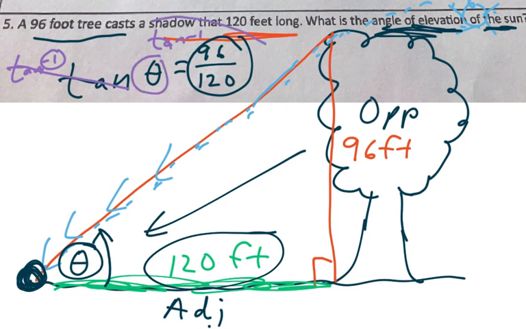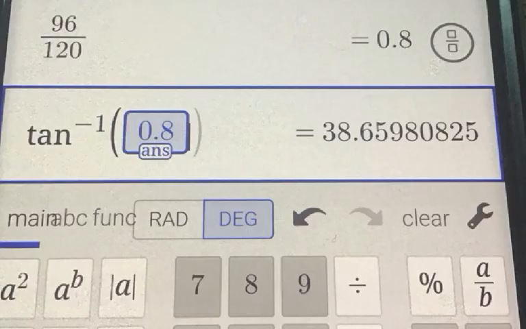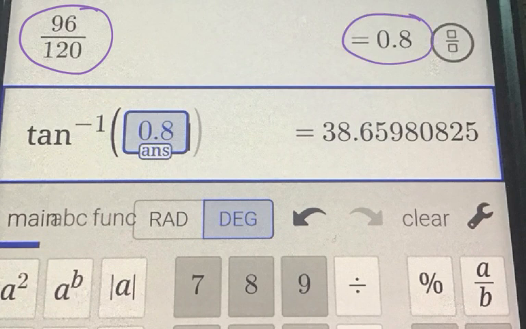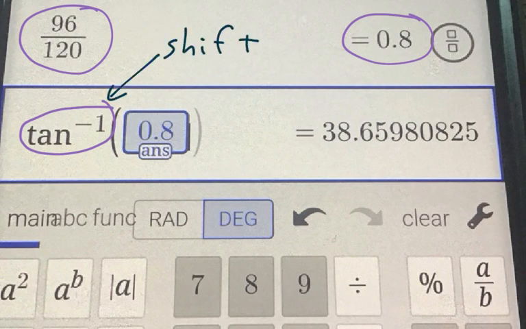So theta, in essence, is the tangent inverse of 96 over 120. So as you can see right here, 96 over 120 is exactly 0.8. I do the tangent inverse. So on my calculator, guys, that means you would do shift tangent. Okay, that's how you would get this tangent inverse.